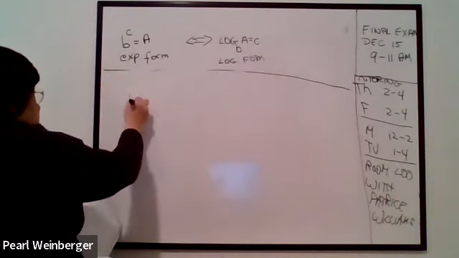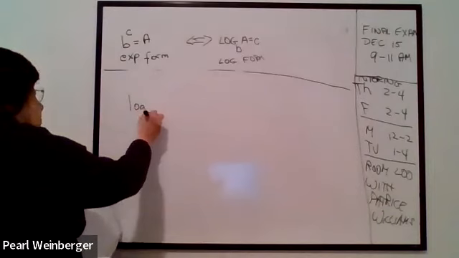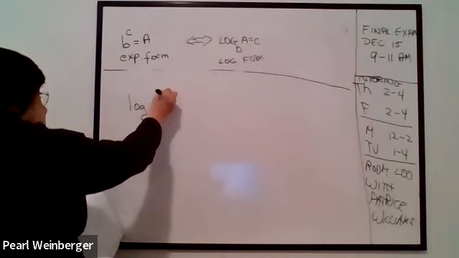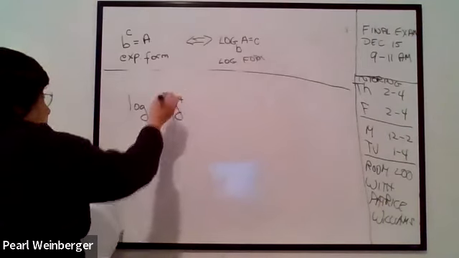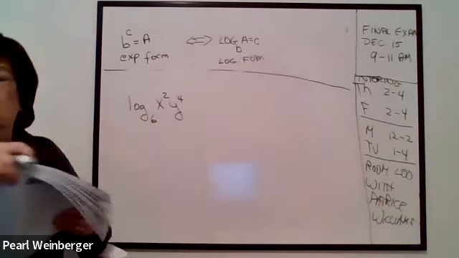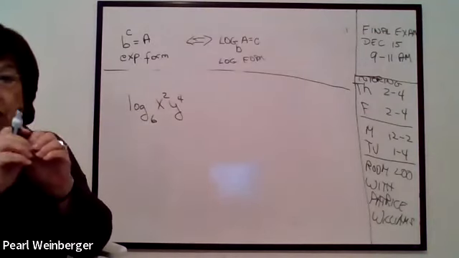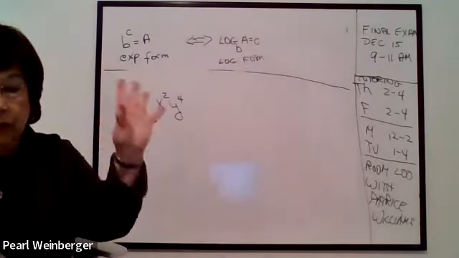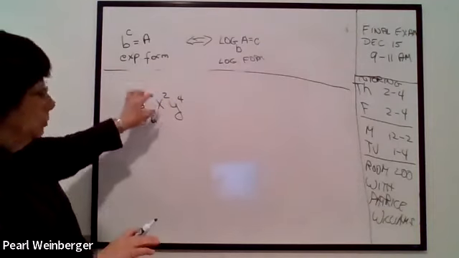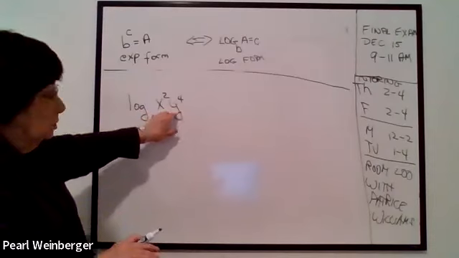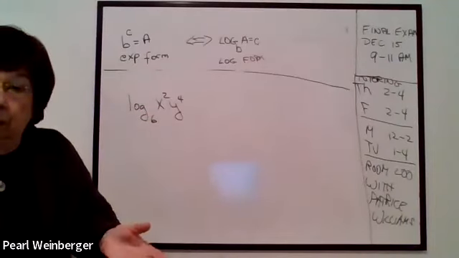Suppose I'm given log base 6 of x squared y to the 4th. And what do they mean by expand? They want me to write this in terms of just a log of a single number. Now, there are actually 2 letters. There's an x and a y. So I have to have something with a log of x and something with a log of y.